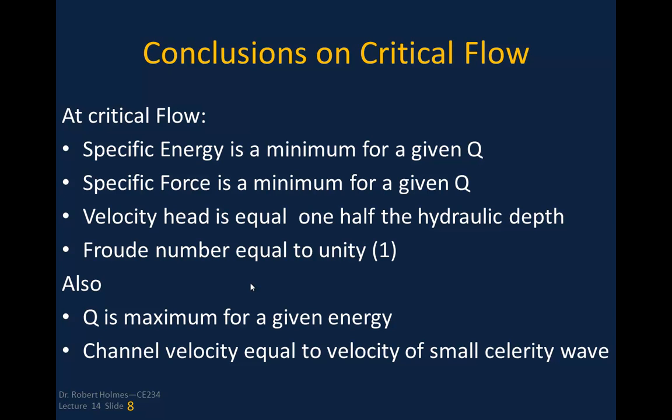That's a small celerity wave speed. And so if you look at the Froude number equal to 1 for the critical flow condition, that means also that the velocity is equal to the square root of gy. So that's what that says in the second bullet.